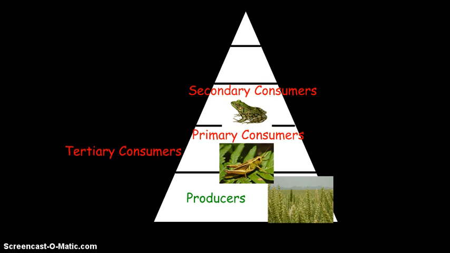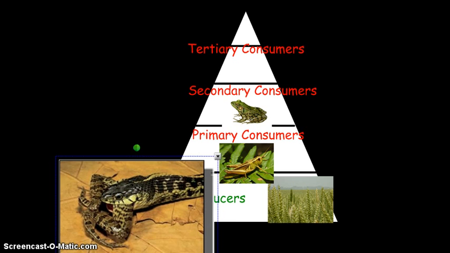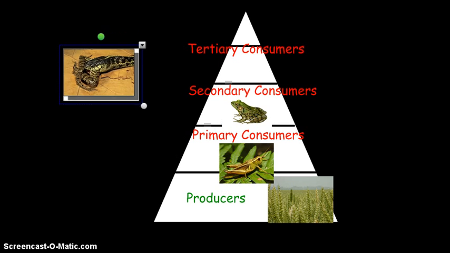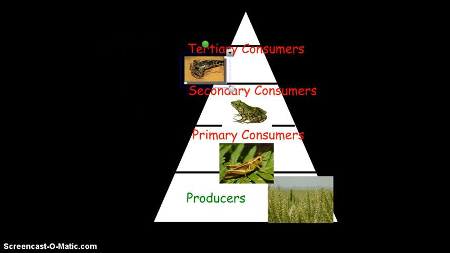We're going to add the third order, or the tertiary consumers. They're the ones that are going to eat the secondary consumers, and so I chose a garter snake. You can see the garter snake is eating the frog, and so they are a tertiary consumer in this particular food chain.